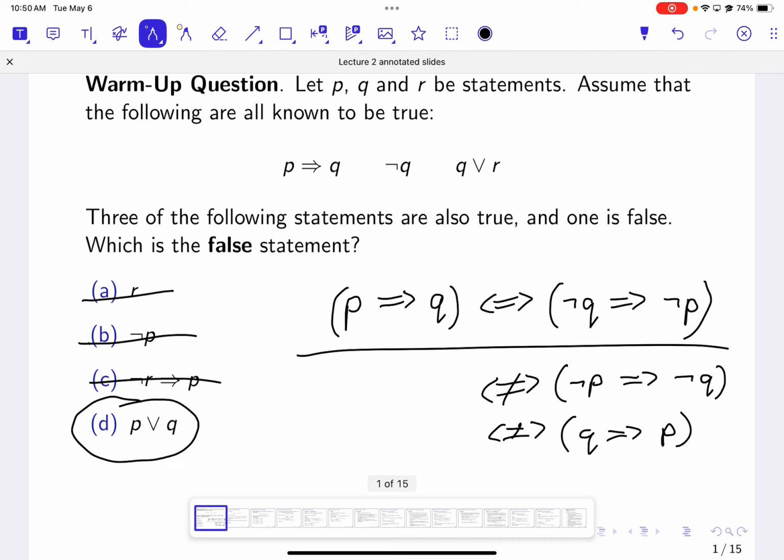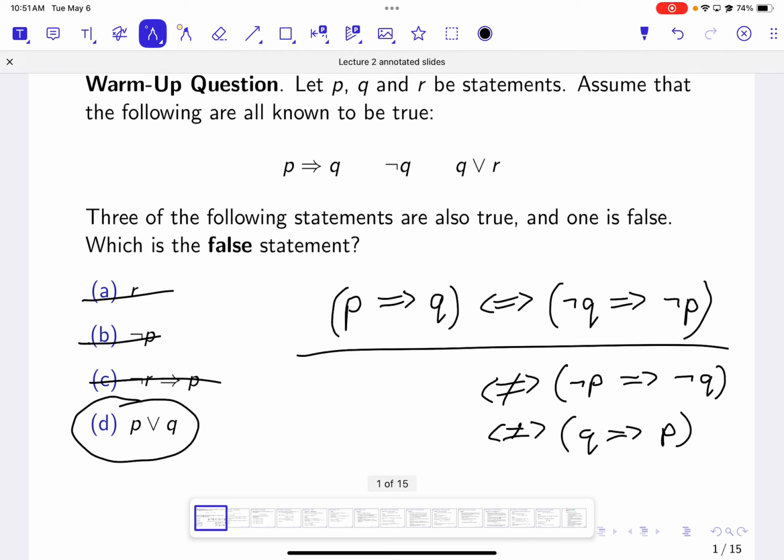And then that leaves us with only one statement left, P or Q. We already have not Q. Oh yeah, and we already actually found out that P is false by showing that statement B is true.